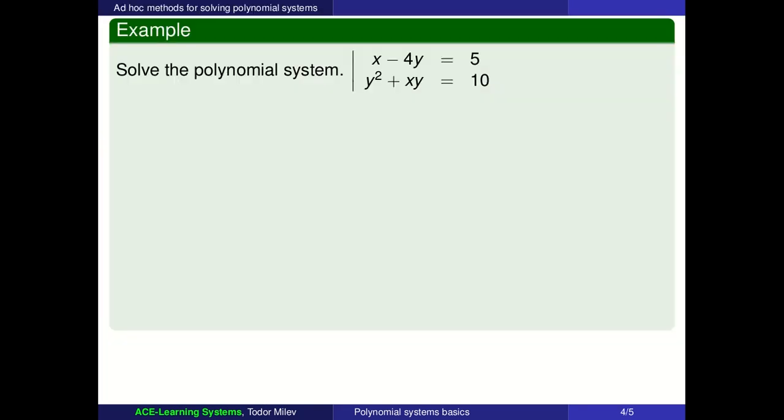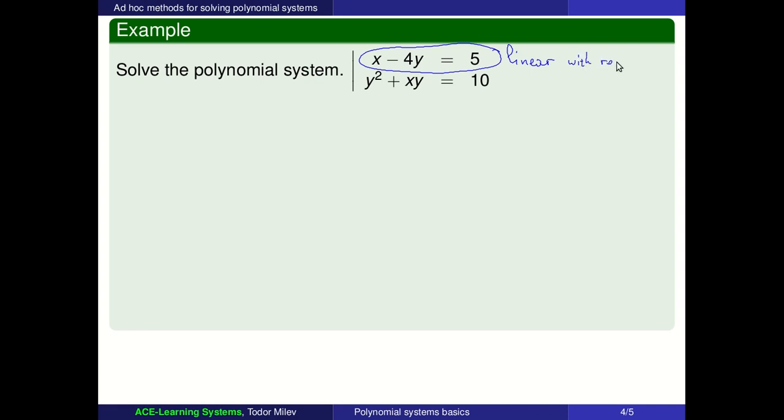In this example, we're going to solve the polynomial system x minus 4y equals 5 and y squared plus xy equals 10. The first thing we notice is that the first equation here is linear both with respect to x and with respect to y.